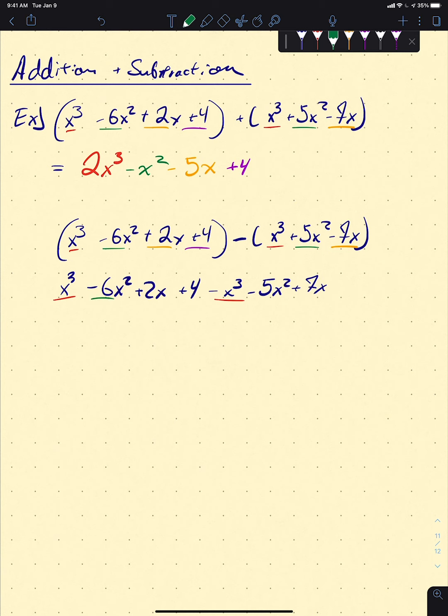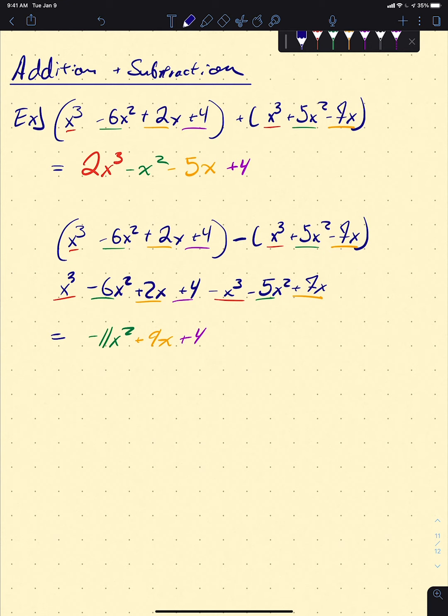We have minus 6x squared minus 5x squared for a minus 11x squared. Looks like we have 2x plus 7x for a plus 9x. And we still have this trailing plus 4. And simple as that, we can add and subtract these polynomials.